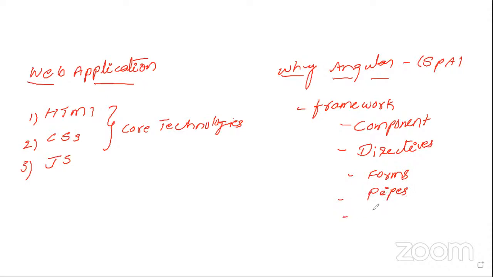And you can also make services. Angular also has services to send a request from client to a server using HTTP. And we also have dependency injection. So while creating services, we may need to load some dependencies, which is called dependency injection.